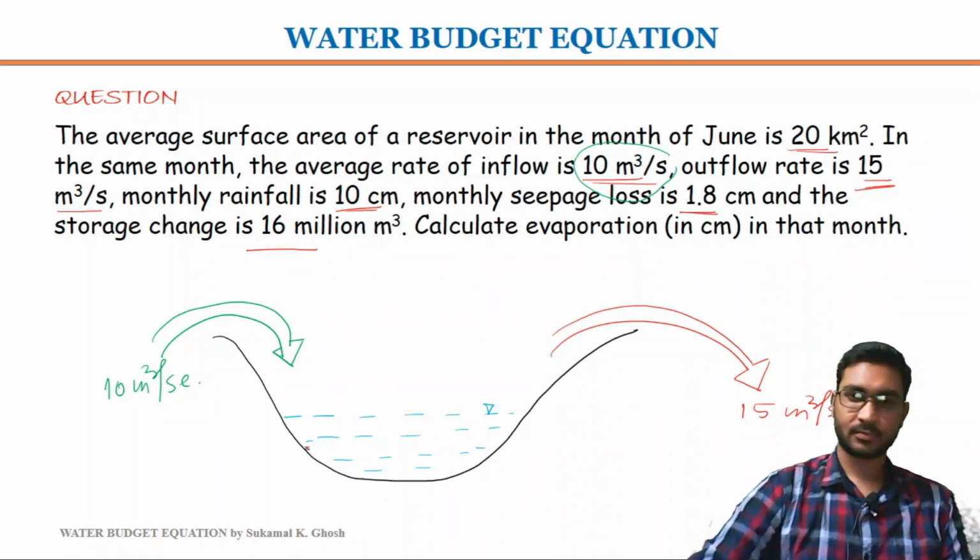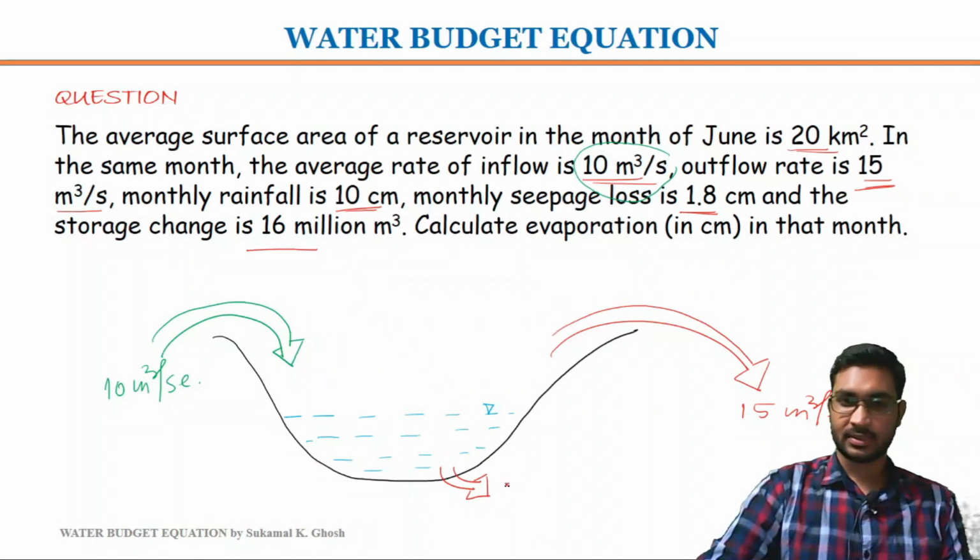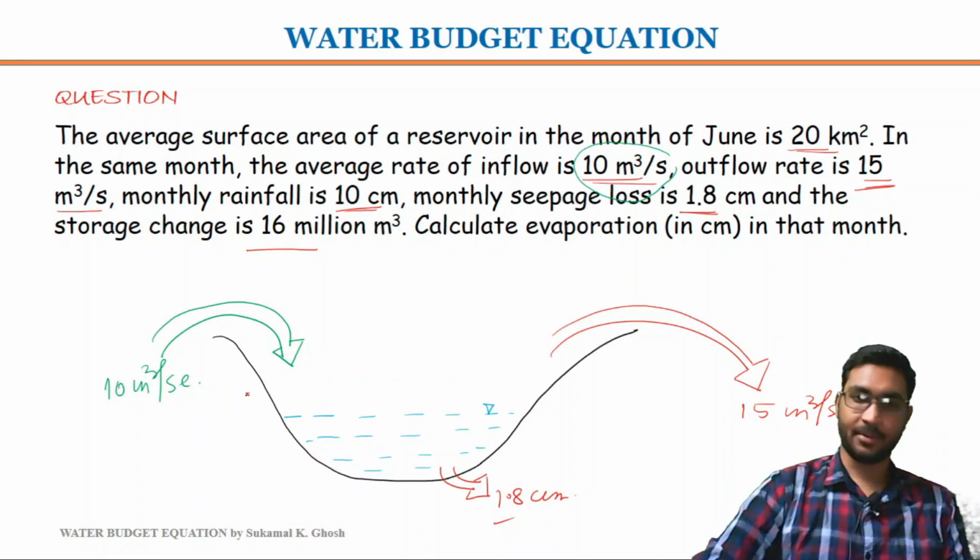Apart from that, the monthly seepage loss is 1.8 centimeter, which is also a kind of outflow. Now the monthly rainfall is 10 centimeter, meaning the precipitation is 10 centimeter, which is a kind of inflow.